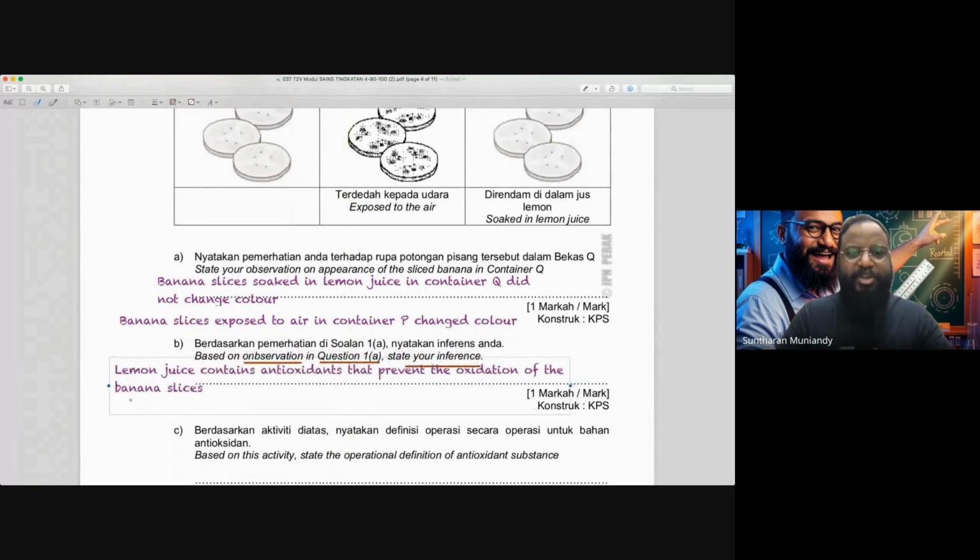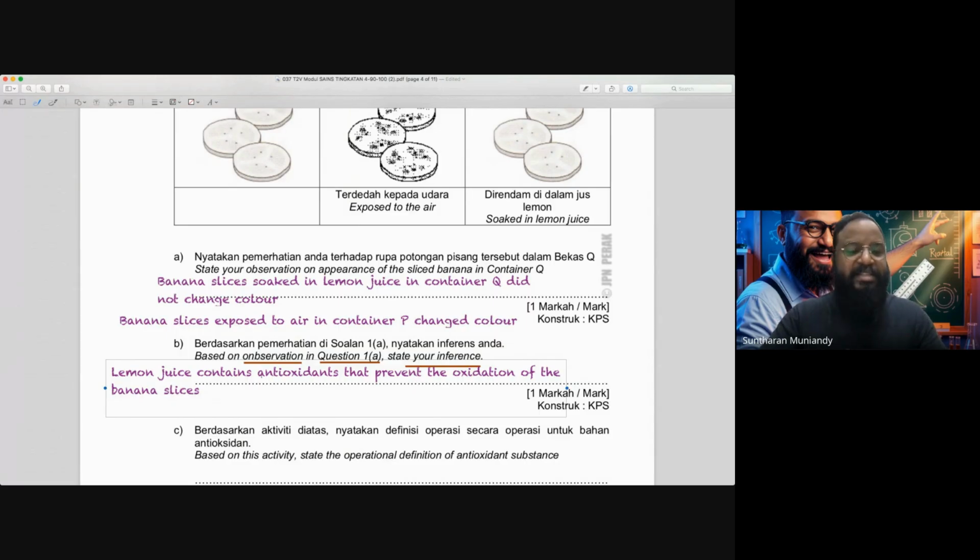Okay, lemon juice contains antioxidants that prevent the oxidation of the banana slices.